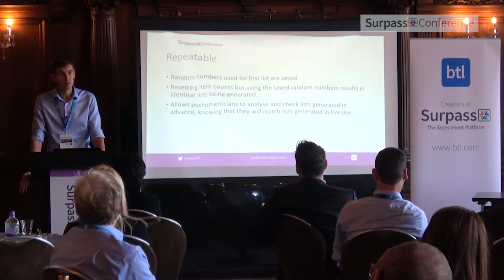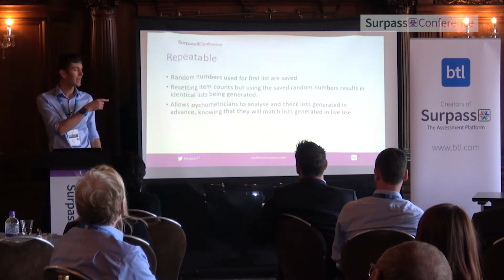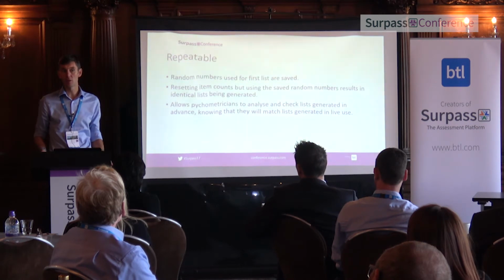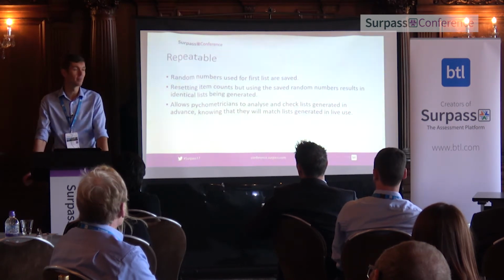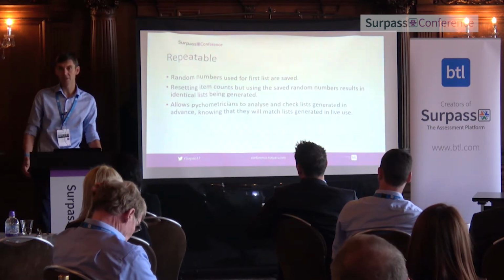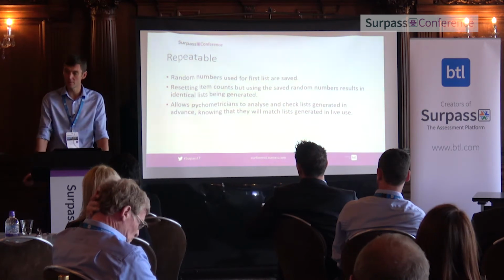If they are acceptable, we take those random numbers that were generated in the lab and put them back into the application, and they are the starting point for the live item lists that will be generated. And then we know that those lists that were analysed will exactly match the lists that are generated by the system.